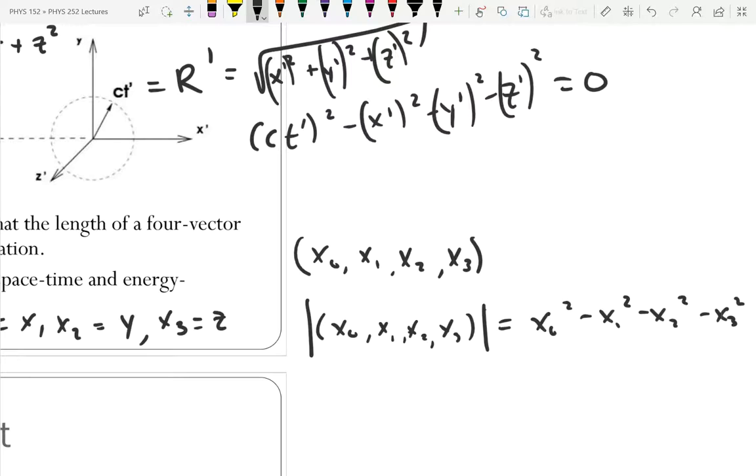Another 4-vector invariant is the energy-momentum 4-vector. That one's not equal to 0, but you can define the invariant and say it has this value, and it doesn't matter what reference frame you're in, that value is going to be the same. That's the key that makes these invariants useful.